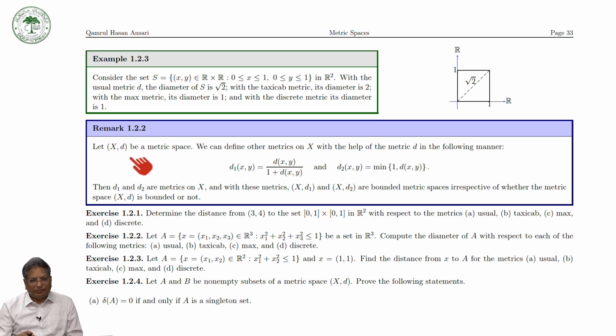This is a very important thing. d1 is always bounded, because whatever d(x,y) is, we are dividing by 1 plus d(x,y), so this is always less than or equal to 1. Similarly, because we are taking the minimum with 1, d2 is always less than or equal to 1. So d1 and d2 are bounded irrespective of whether d is bounded or not.